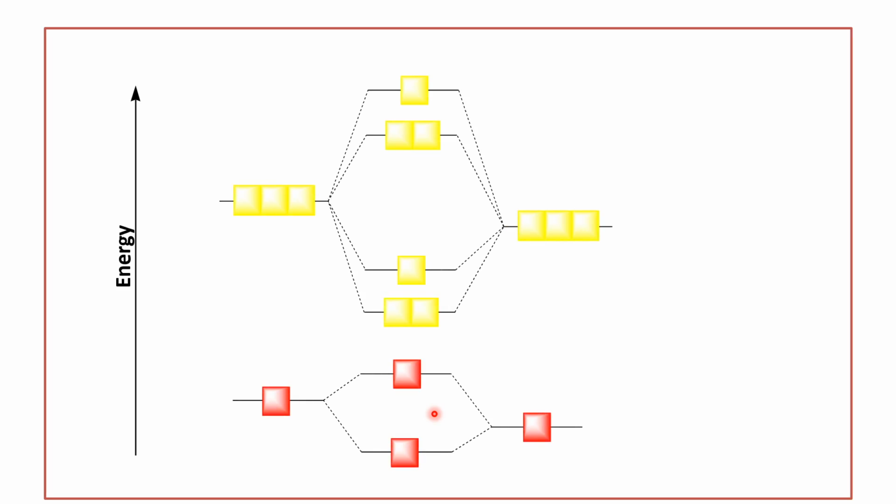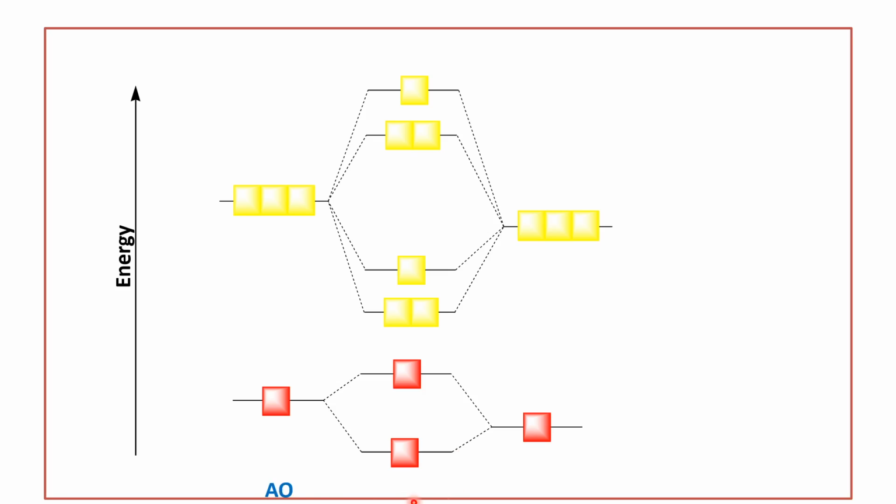So we know that we have to draw the MO energy level diagram across an axis, that is the energy axis. This is the outline of the MO energy level diagram, which is just similar to the nitrogen molecule; we only have to shift the positions of the orbitals.